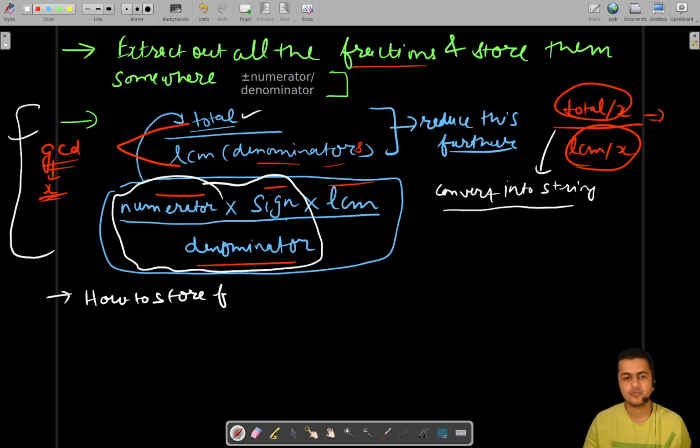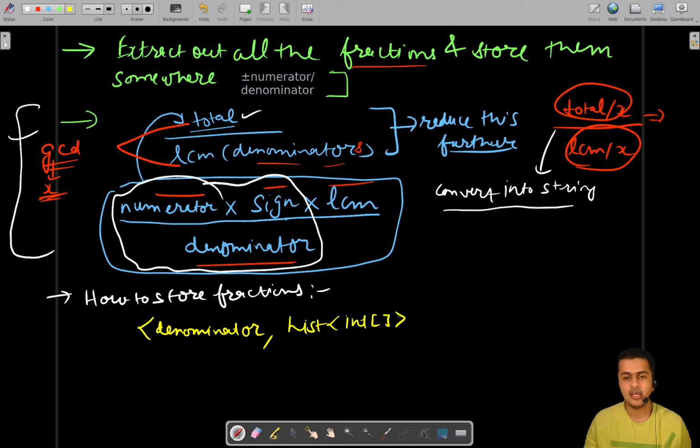For that we will be having a mapping, and that mapping will be denominator mapped to list of two size integer array.